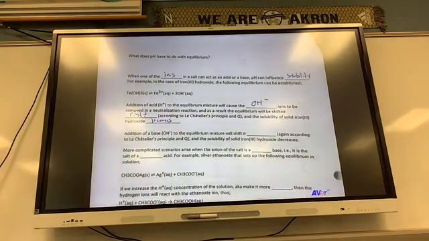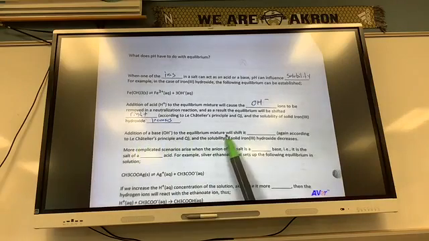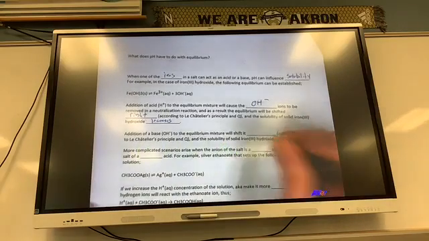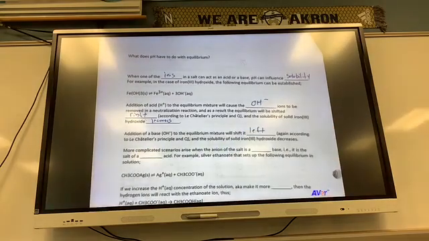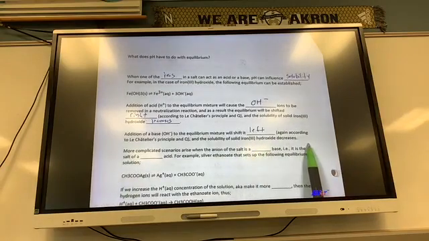So if it's shifting to the right, I'm getting more ions, more dissolved. Addition of a base to the equilibrium mixture is going to shift it to the left, because now I'm just adding straight more products. So the solubility would decrease in that situation.